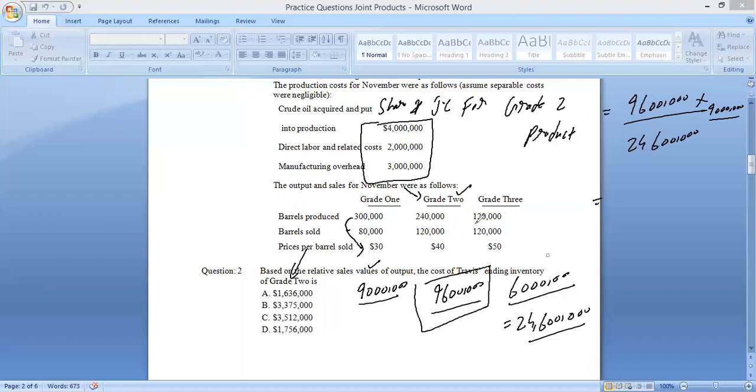For grade 2 product, I'll have the share of joint cost. Few seconds, some live calculations, students, I am performing.